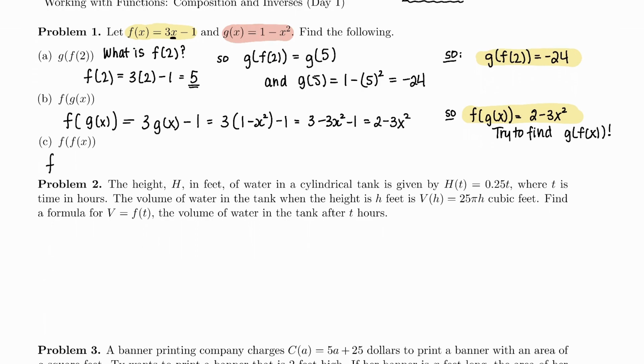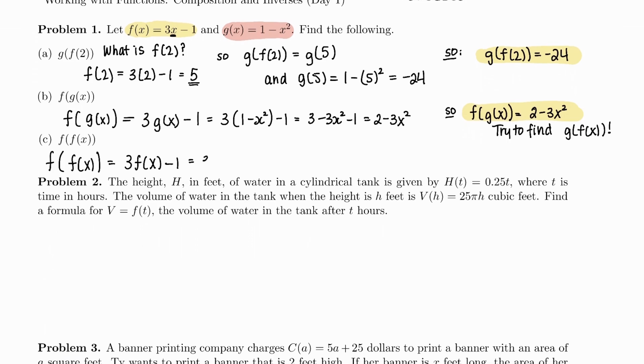So f of f of x is going to be 3 times f of x minus 1. And I know f of x is 3x minus 1. So we get 3 times 3x minus 1 minus 1. If I distribute the 3, I get 9x minus 3 minus 1, which is 9x minus 4.